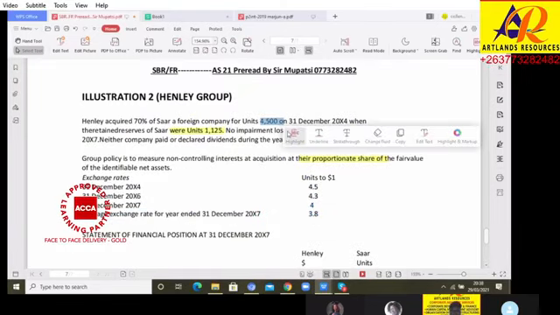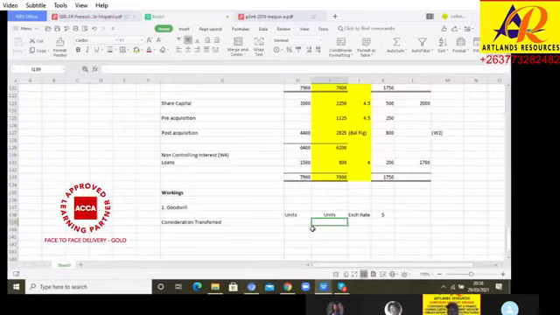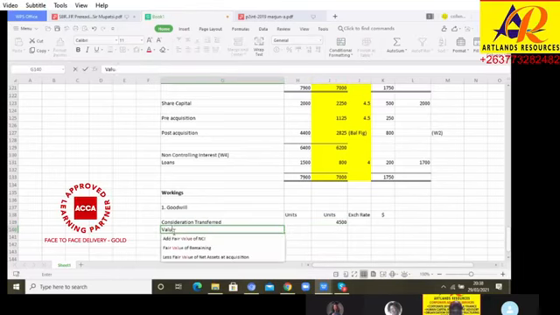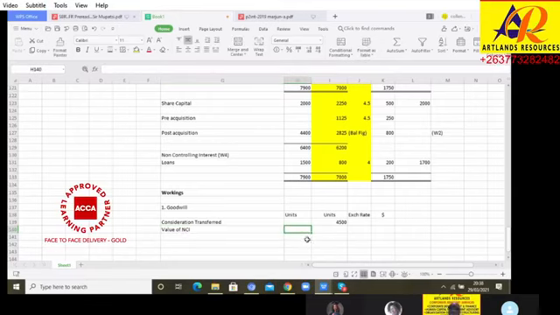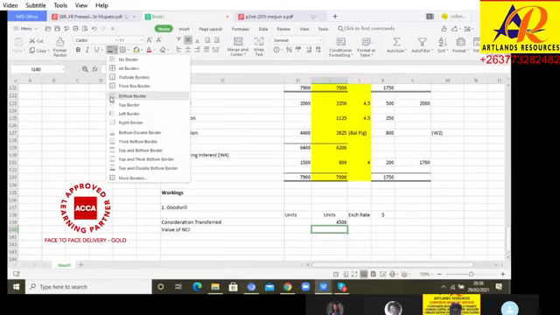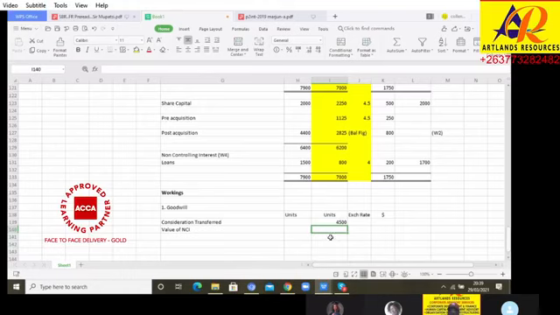This one. So consideration transferred for 500. Then you say value of NCI. Because we use partial goodwill method, we leave it blank for now because NCI is a share of net assets. So we must first get net assets. You get that?